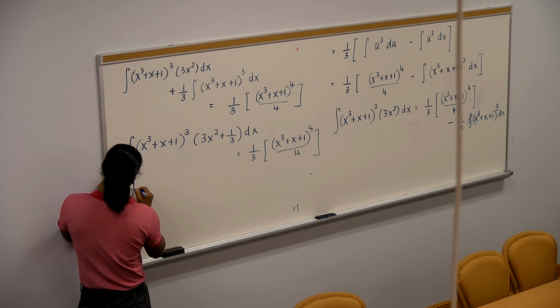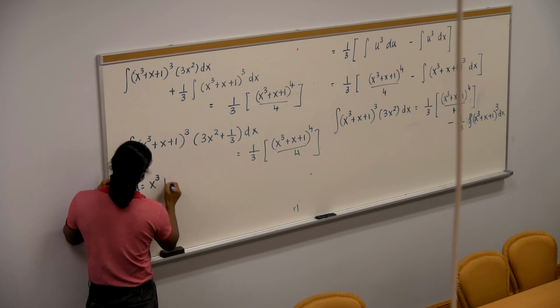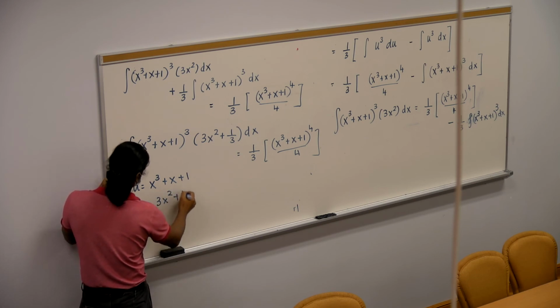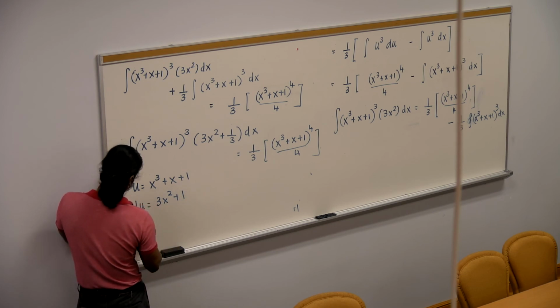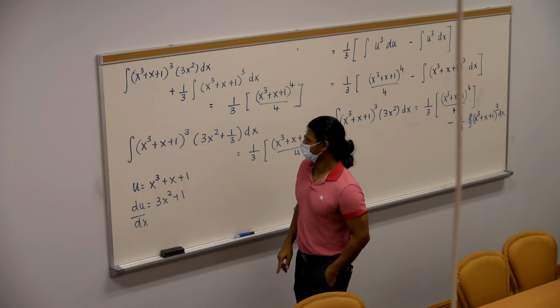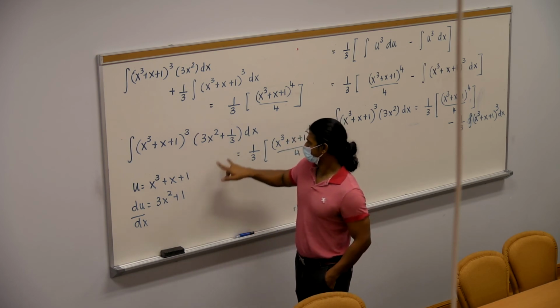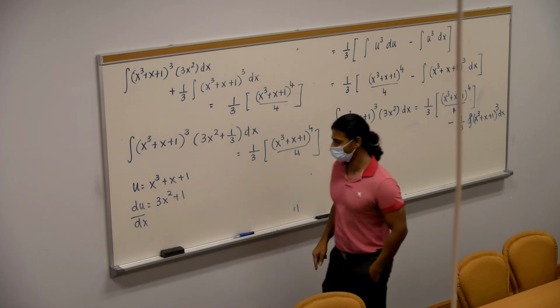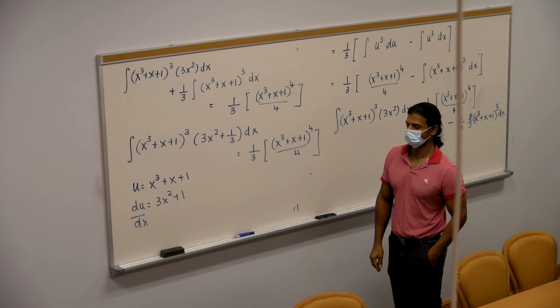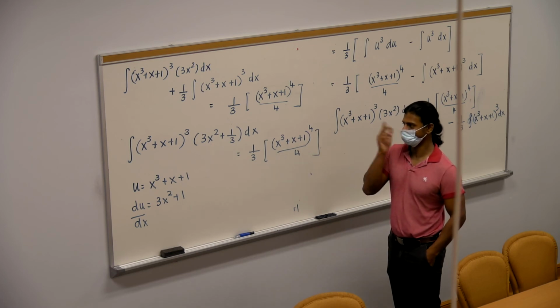So could we rewrite that in terms of 3x squared plus 1? Three x squared plus 1/3 somehow.